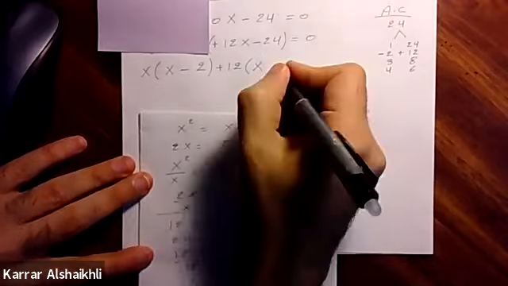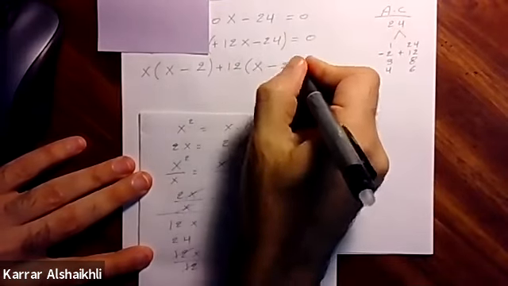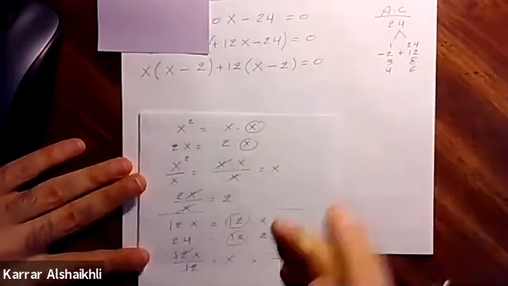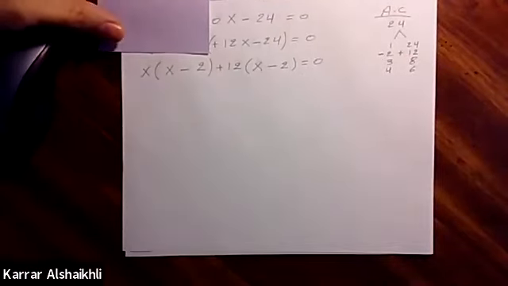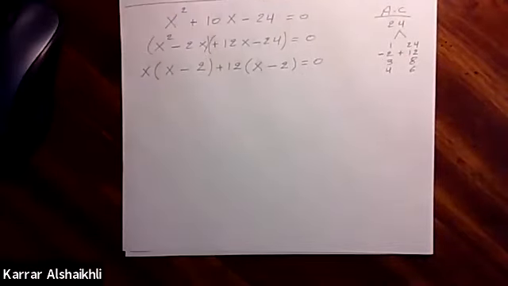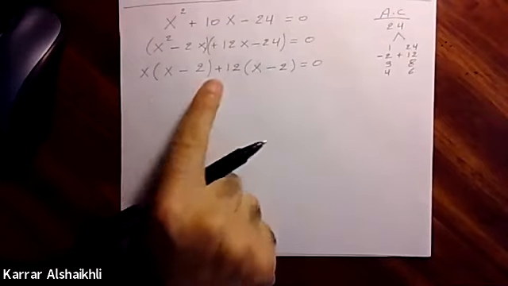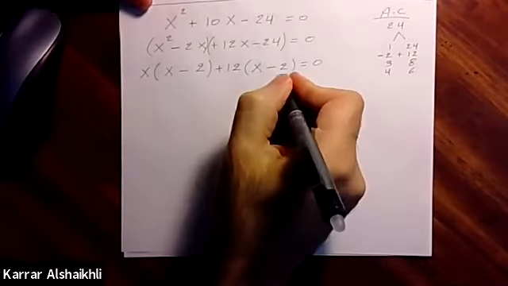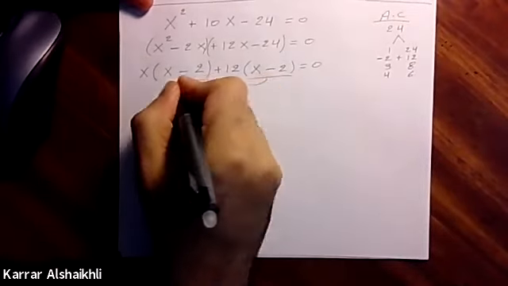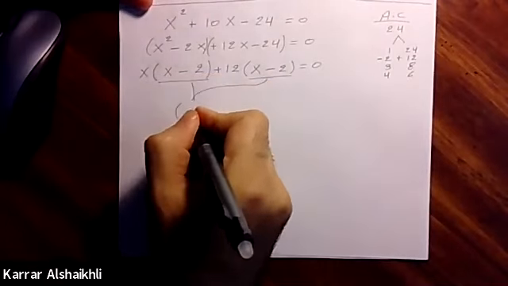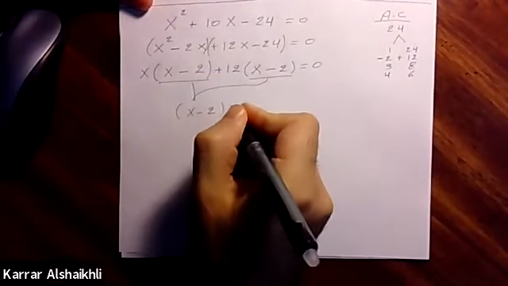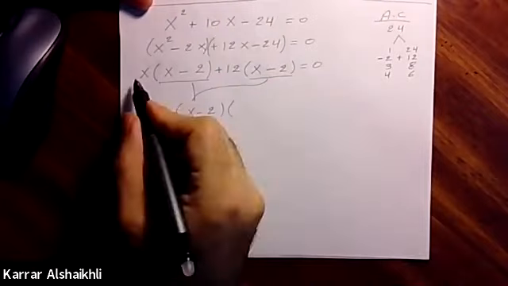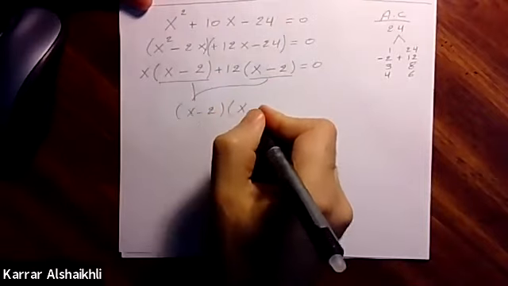So I'm going to write down minus 2, equal to 0. If you check, I'm doing the right steps because I got exactly the same parentheses. That means this one is going to be x minus 2, and the leftover is going to be x plus 12.